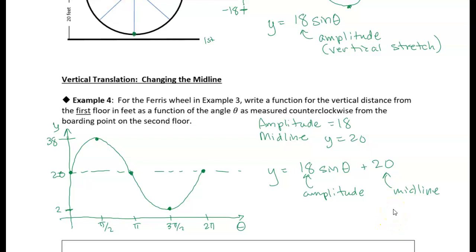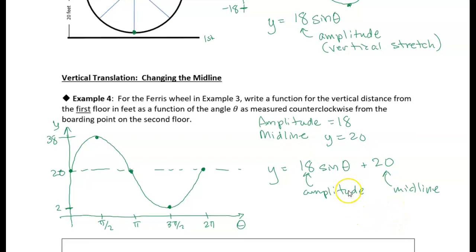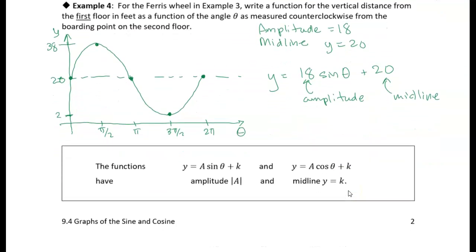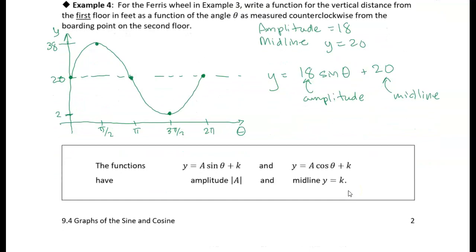All right, so let's take a look at this box here. There's some generalizations here. If we have a function in the form y equals a sine theta plus k, a is the amplitude. Now it's the absolute value of a, because sometimes we can flip it over. Amplitude is always a positive value.